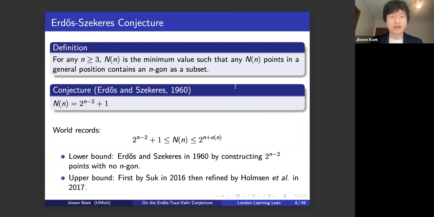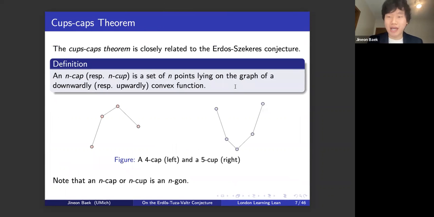So with that, we do have an equality in a slightly different setting called cups and caps. What you see is a picture of a 4-cap on the left and a 5-cup on the right. A 4-cap is a set of 4 points in increasing order of x-coordinates, so that if you draw them consecutively, it forms a concave downwards graph.